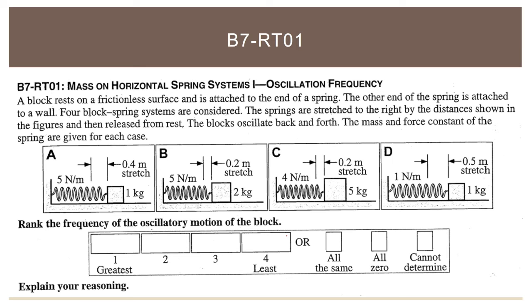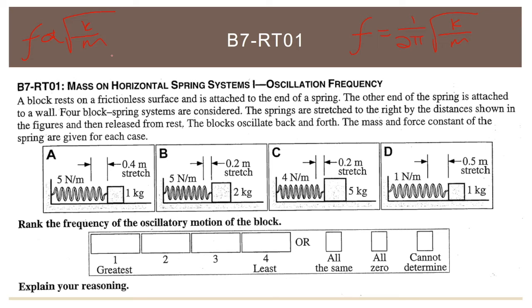So the key to answering this question, in my opinion, is the equation for the frequency of the spring. 1 over 2 pi times the square root of k over m. Now, obviously, you could just plug in k and m for all 4 cases and calculate the frequency. But what you should recognize is the frequency is proportional to the square root of k over m.